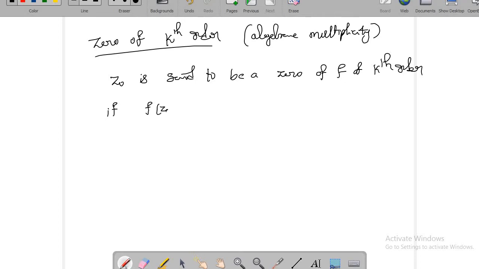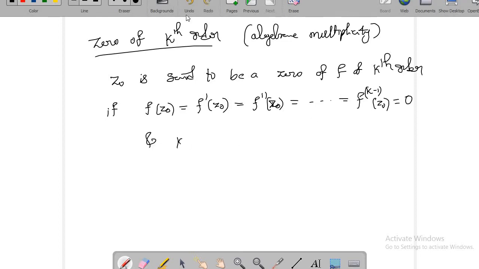First of all, it should be a zero of f, and next the first derivative at z0 must be 0, even the second derivative must be 0, and going till the k minus 1th derivative, all must become 0, and the kth derivative at z0 must be non-zero.